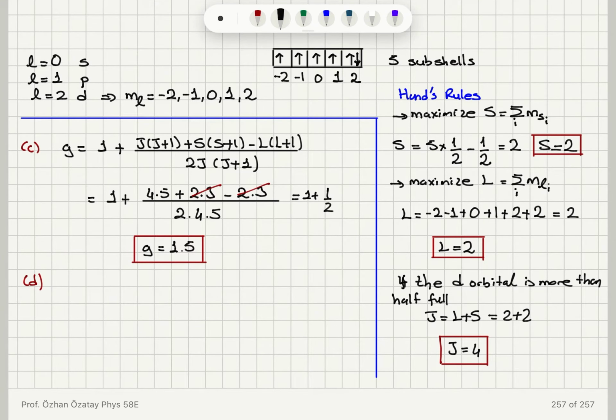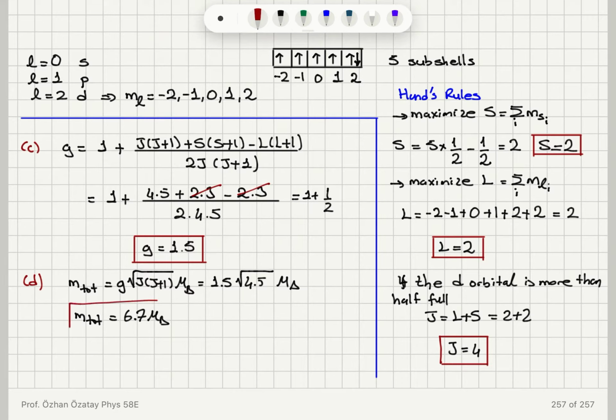Okay, so the total magnetic moment, g square root J(J+1) Bohr magneton, will be equal to 1.5 square root 4 times 5 Bohr magneton. So M total, we will find 6.7 Bohr magneton.